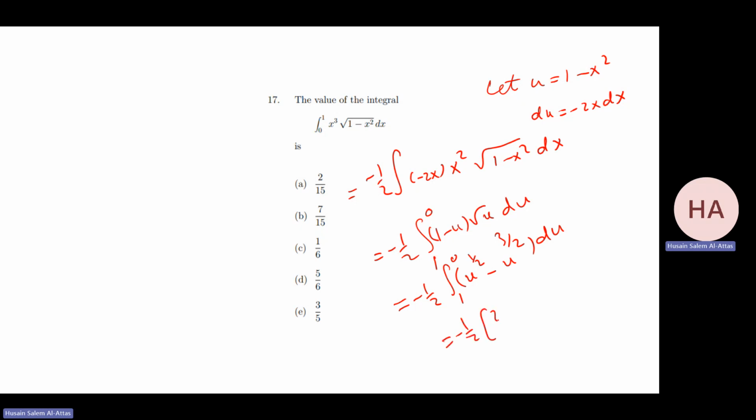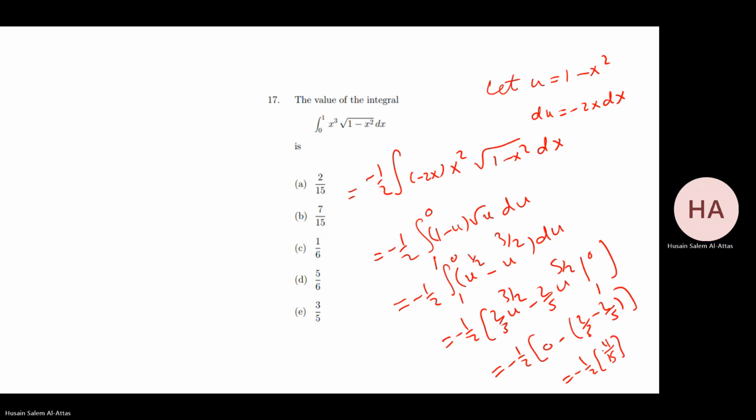Minus half, 2 over 3 u to the power 3 over 2 minus 2 over 5 u to the power 5 over 2, from 1 to 0. I think the same as the one I did. That's okay. 0 minus 2 over 3 minus 2 over 5. That gives me minus 1 over 2, 10 minus 6, 4 over 15, with a minus sign. That will be 2 over 15, which is this one.